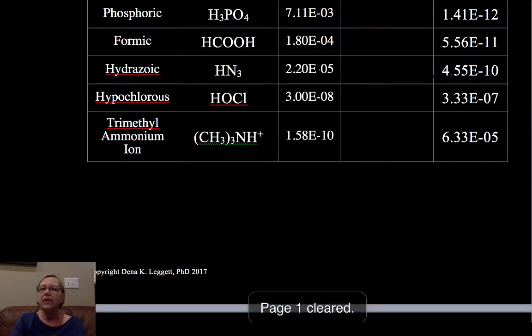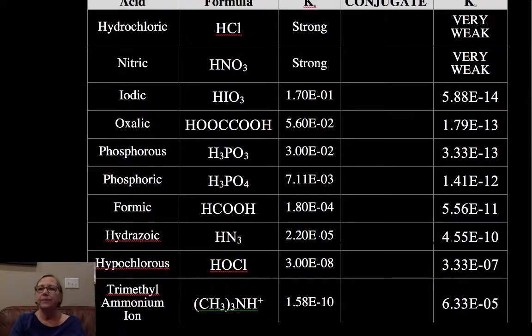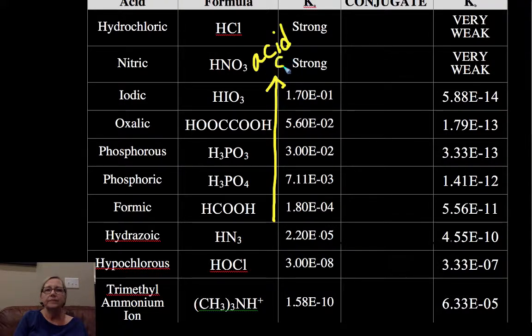So if we take a look at these, you see here that as my acid strength increases, you see that the base or conjugate base strength goes the opposite direction.